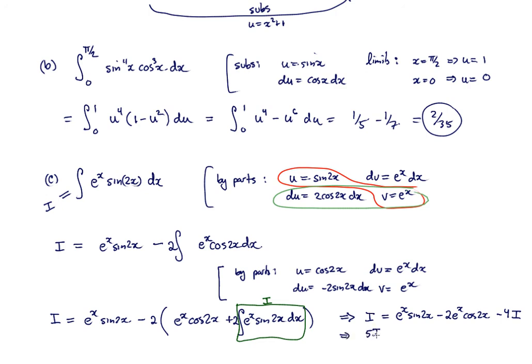Bringing the negative 4I to the other side becomes 5I. And now dividing by 5 gives us that the integral is 1/5 e to the x sine 2x minus 2/5 e to the x cos 2x. And so there is the value of our integral.